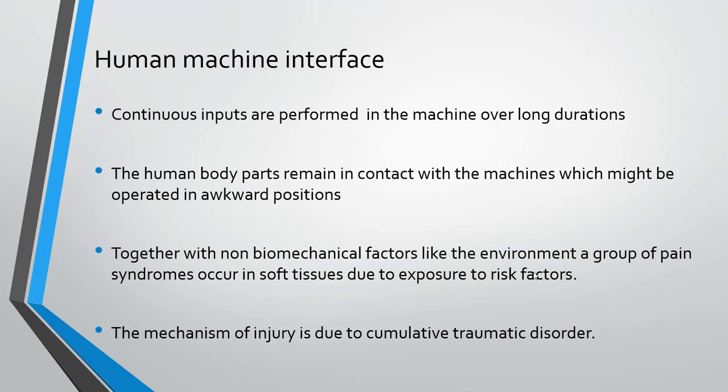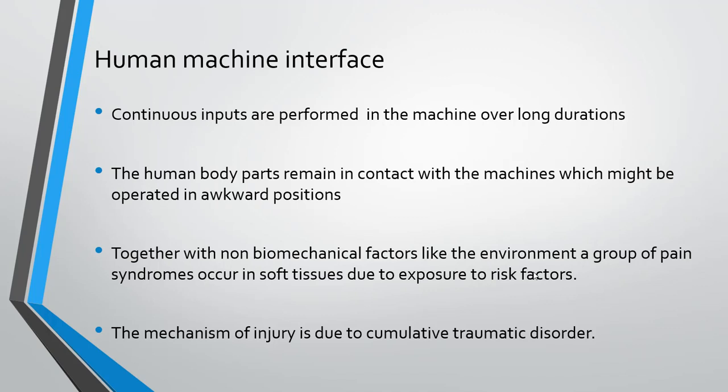The human body part remains in contact with the machines, which might be operated in awkward positions. Just to consider an example, remember that the laptops were designed for the laps and not to be used on the tables. So now you imagine working on a laptop on a table and how uncomfortable it is.